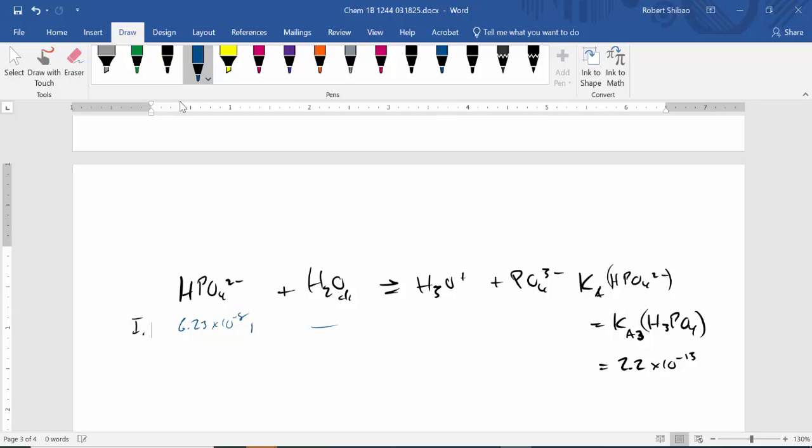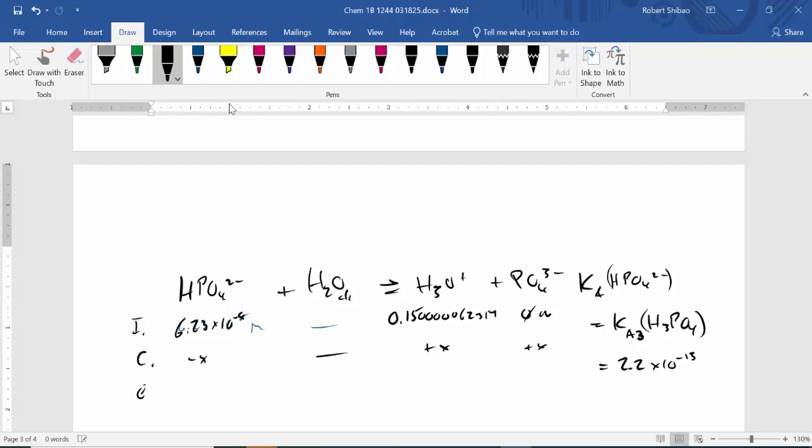Water is pure liquid. And the hydronium is going to be 0.15 and then 5 zeros, 623. And then the phosphate's going to be 0 molar. And so the change here is going to be minus x, plus x, plus x.